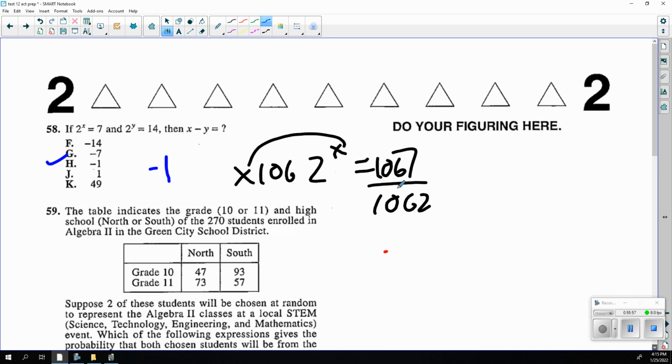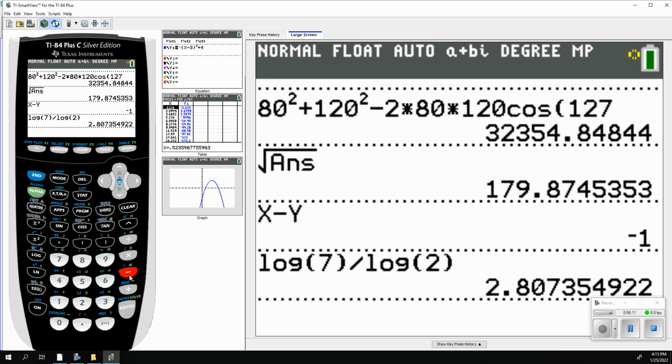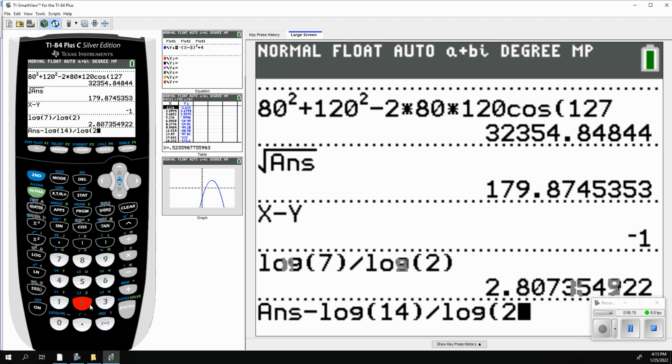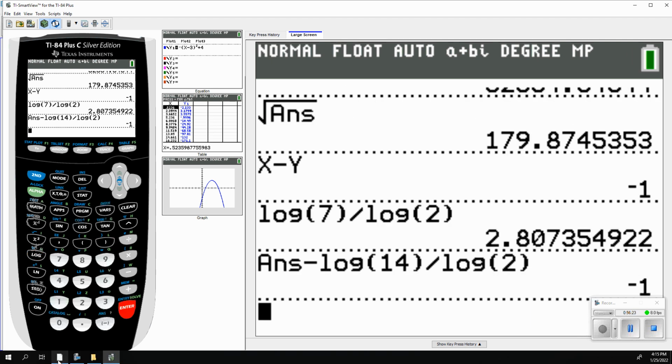It'd be log 14 over log 2. So check that out. You could have done log 7 divided by log 2, whatever that is, minus log 14 over log 2. Cool.